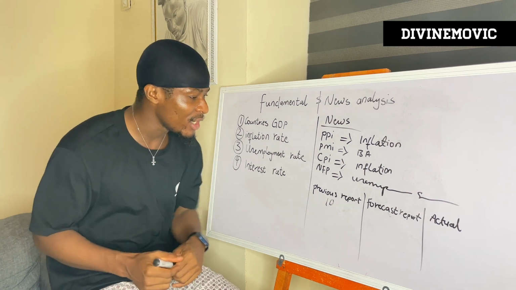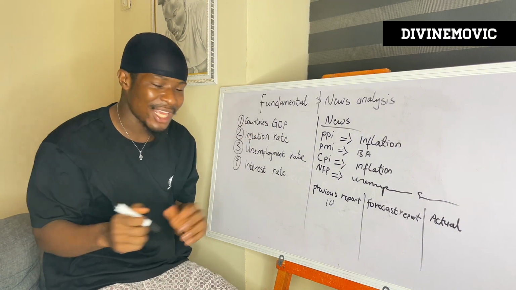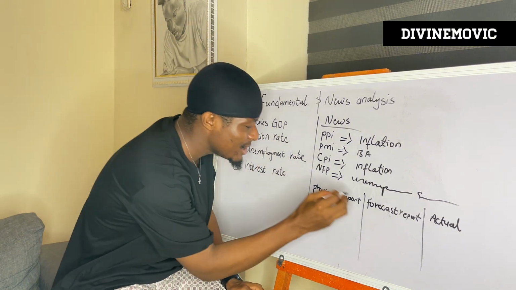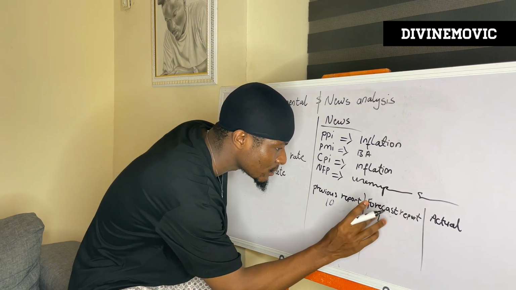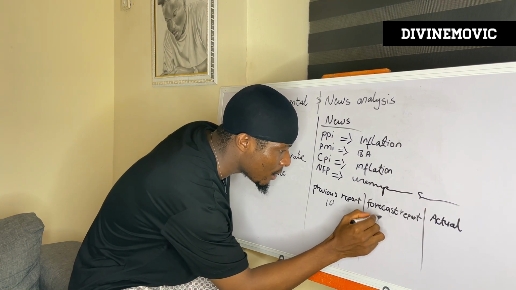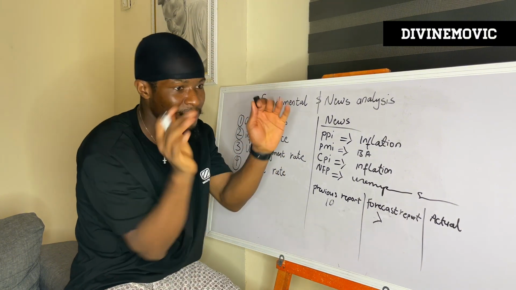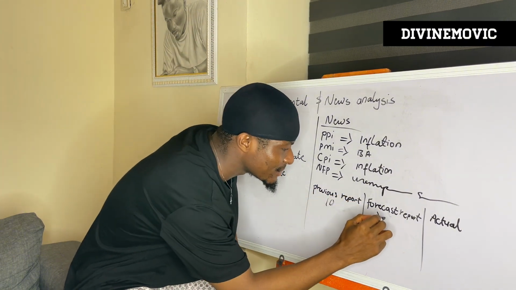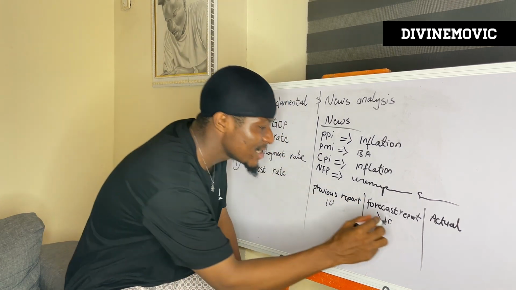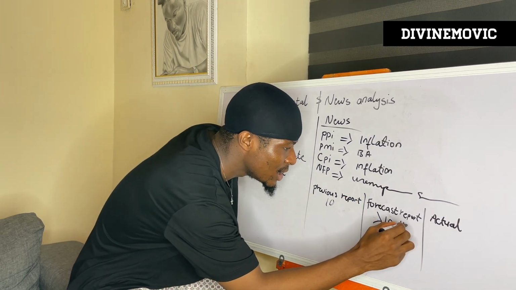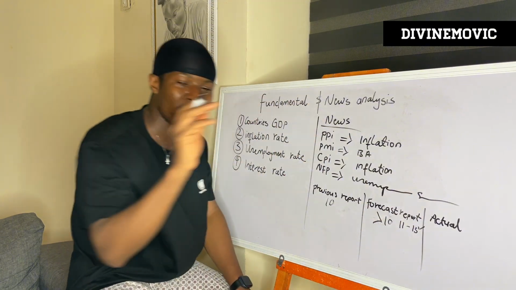They can say that, as experts and professionals, we have analyzed everything and if the report that's going to come out is above 10, it's going to be good for the economy. That means anything from 11 to maybe 15 is going to be good for the economy.